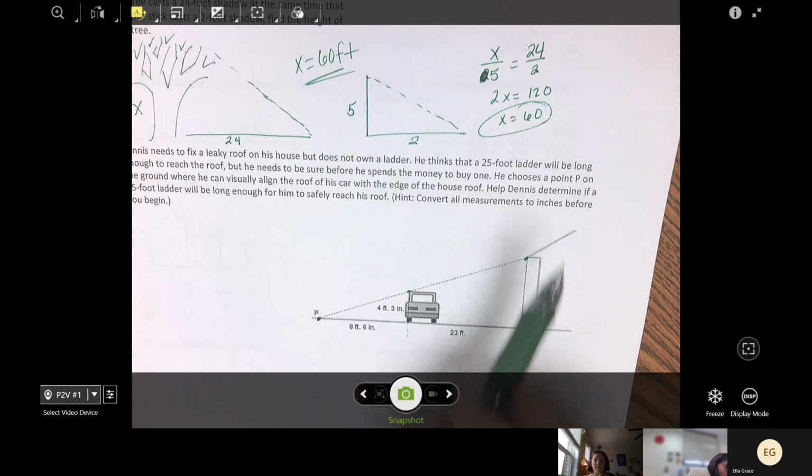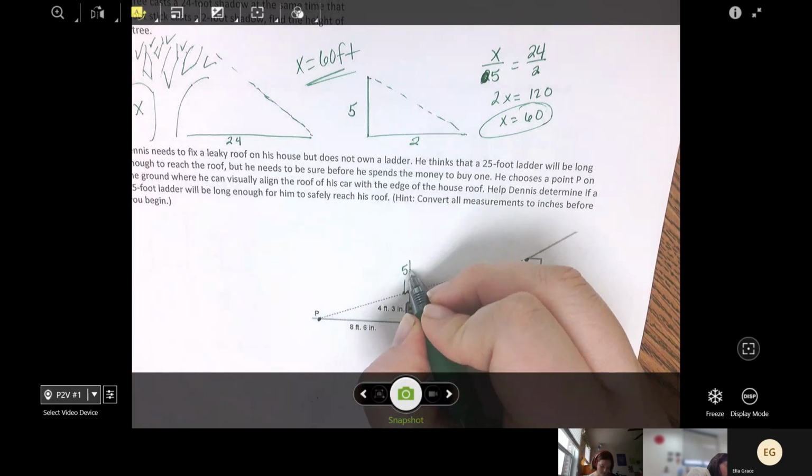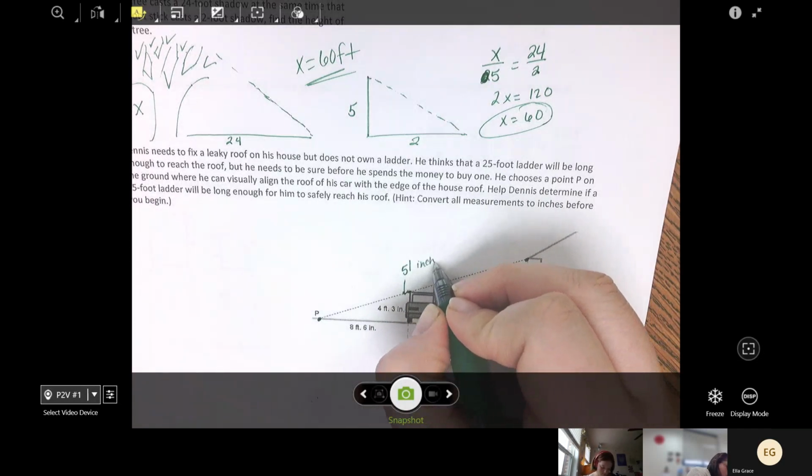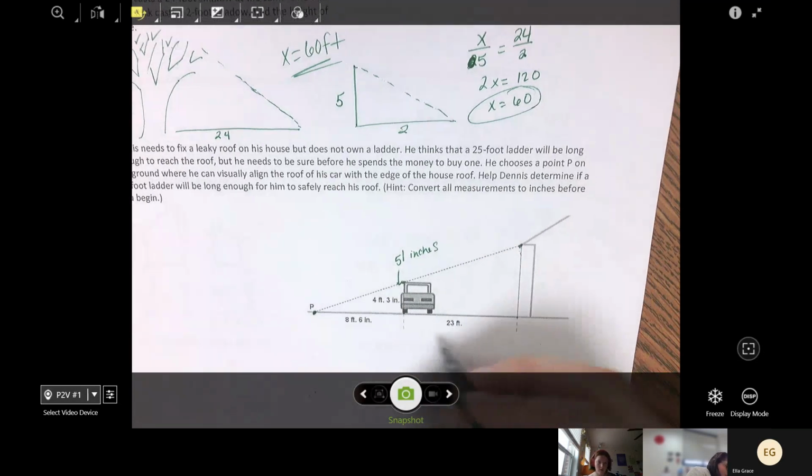Okay, so I'll save you the time. 4 feet 3 inches, that's going to be 51 inches. Okay, 23 feet is going to be... Wait, how did you convert that to inches? You can just look up a conversion chart.